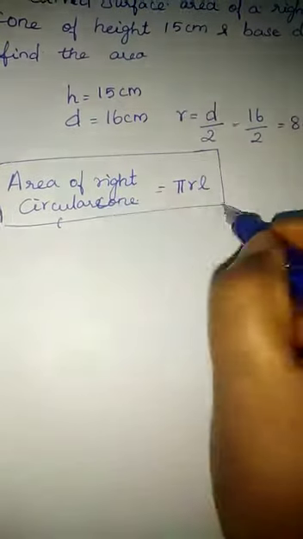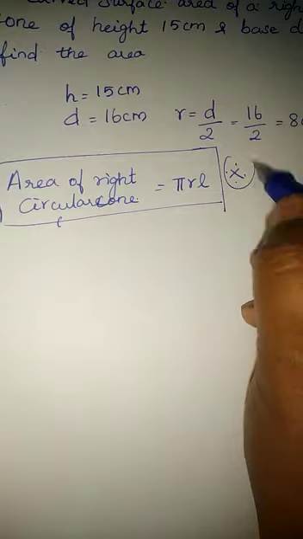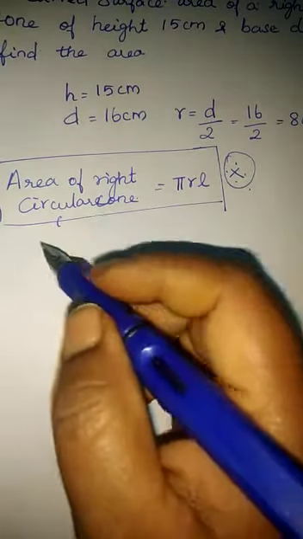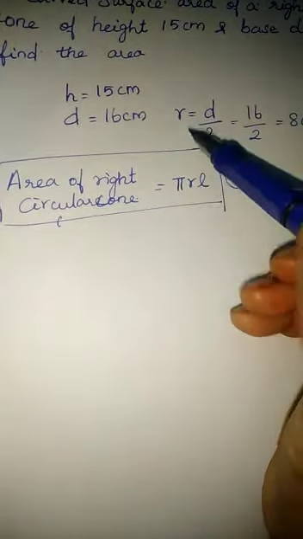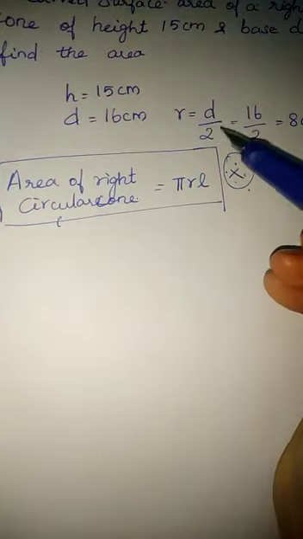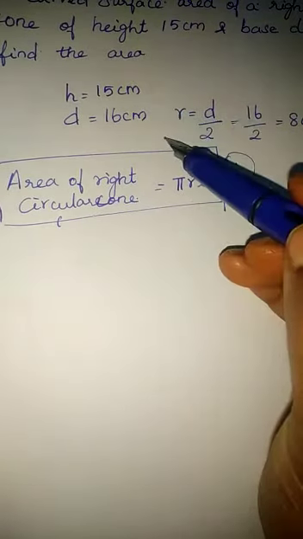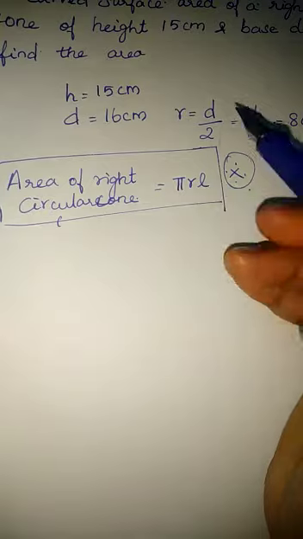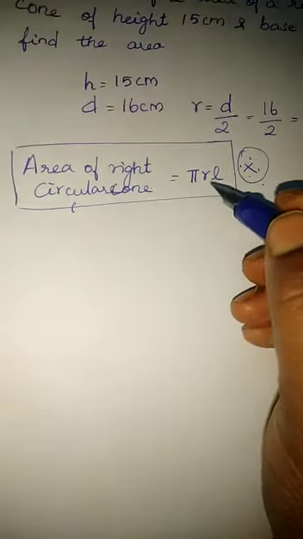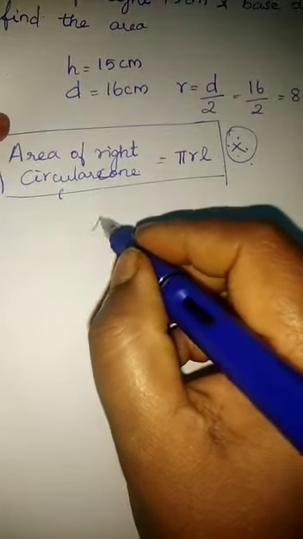There is a formula to find the area of a right circular cone. But here the slant length is not given, only height and diameter are given. To find out l, there is a formula.